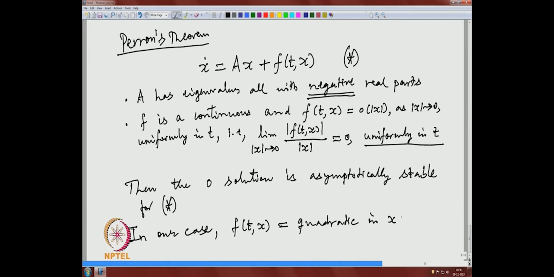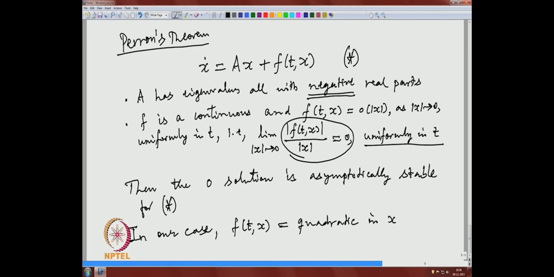So, automatically this condition is satisfied. So, there is no problem. So, this Perron theorem implies that 0 is asymptotically stable when the Jacobian matrix in the linearized problem has eigenvalues all with negative real part.